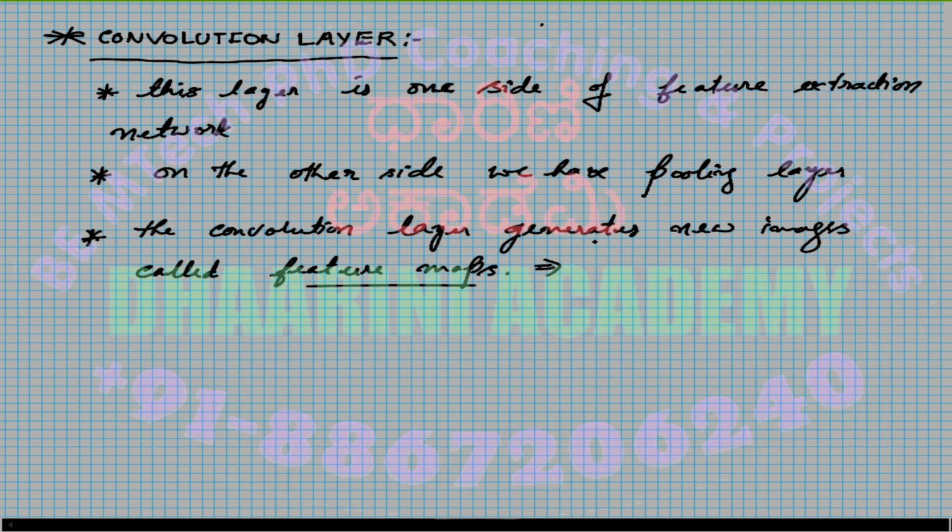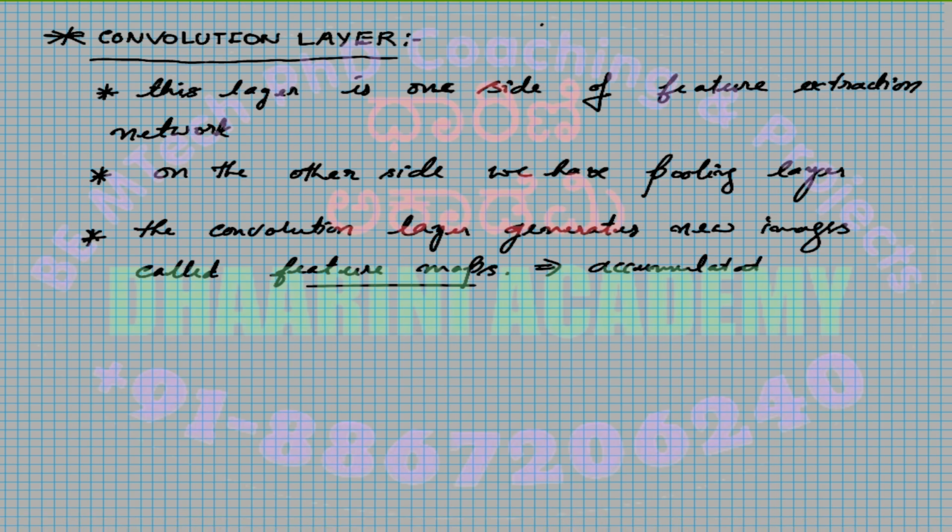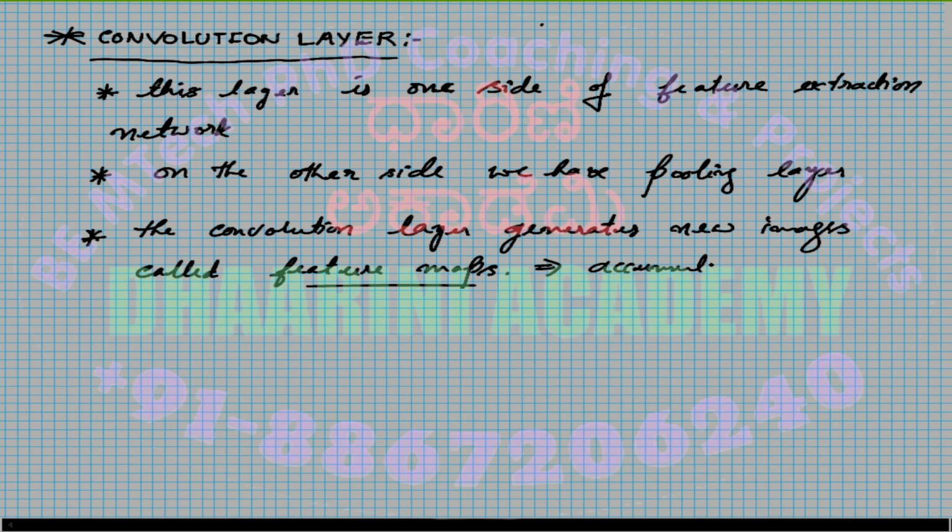Feature maps are basically an accumulation of some of the unique features of the original image.